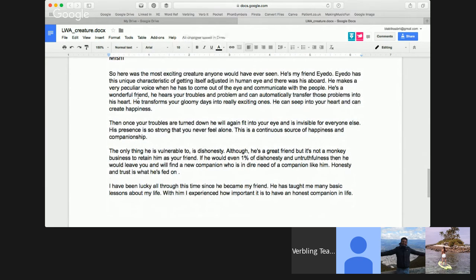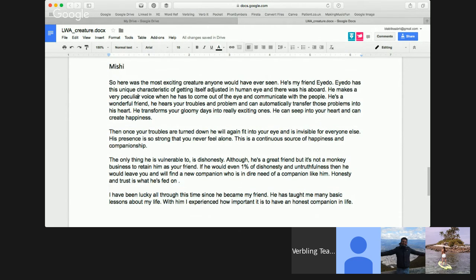So here was the most exciting creature anyone would have ever seen. I think because you're talking about a creature and you're describing him, it's better to use the present tense that you've gone into here. And it's a little bit confusing otherwise for this sentence. So here is the most exciting creature anyone has ever seen.